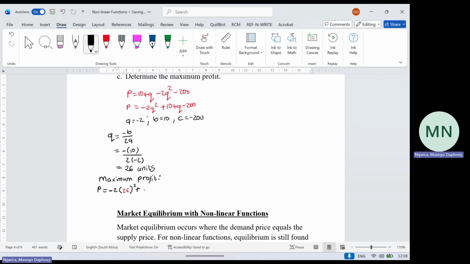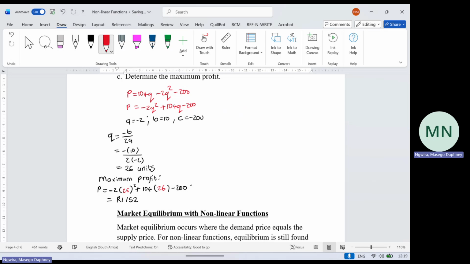Then plus 104, then I'm going to put 26 again inside the brackets. And then this is minus 200. So our answer is going to be 1,152. So that's our maximum profit.